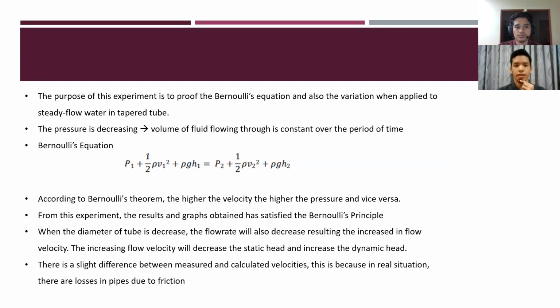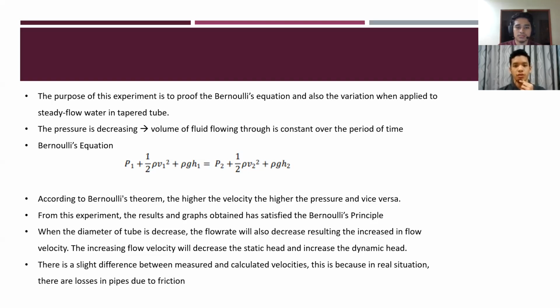Here we can see the equation of Bernoulli's principle. This equation relates the pressure, velocity, and height of any 2 points in a steady streamline flowing fluid, such as point 1 and point 2. It applies the energy conservation theorem, which is applicable to moving fluid.